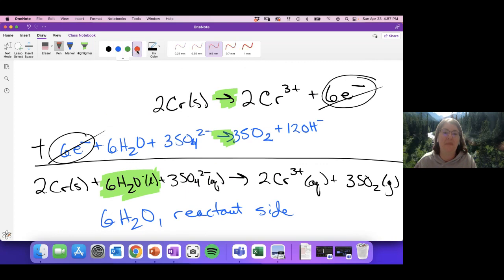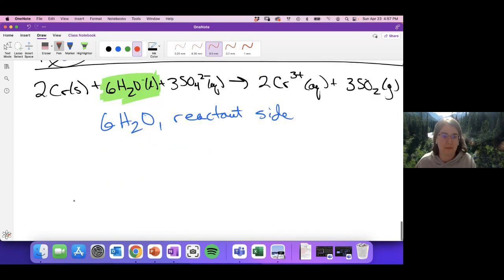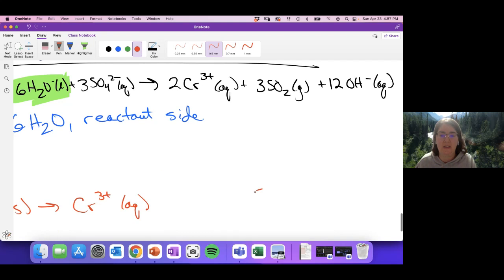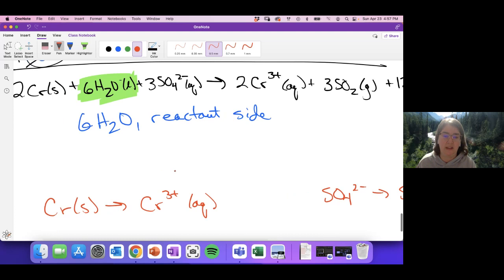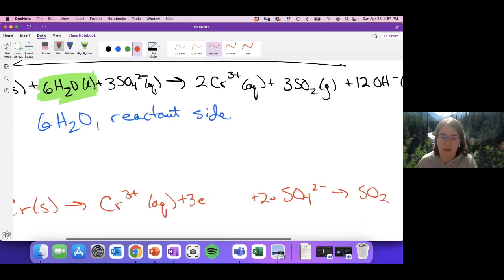I'm actually going to unbalance them. But we have chromium solid going to chromium 3+, aqueous, and we had sulfate 2- going to sulfur dioxide. And I do want my electrons, +3 electrons here, +2 electrons here.